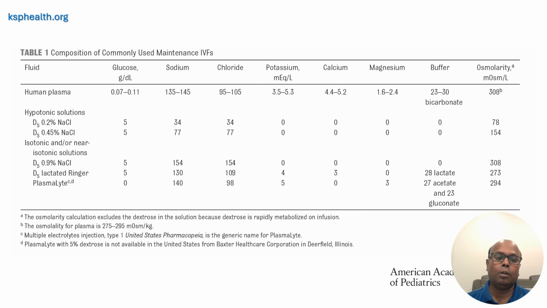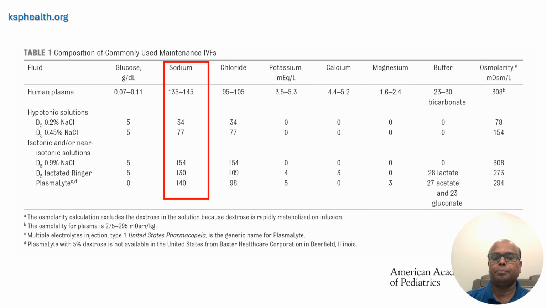Isotonic salines are normal saline, D5 normal saline in children, D5 lactated Ringer's, and Plasma-Lyte. Unfortunately, D5 Plasma-Lyte is not available in the United States. I want to point out D5 lactated Ringer's has potassium of only 4 and Plasma-Lyte has potassium of 5.